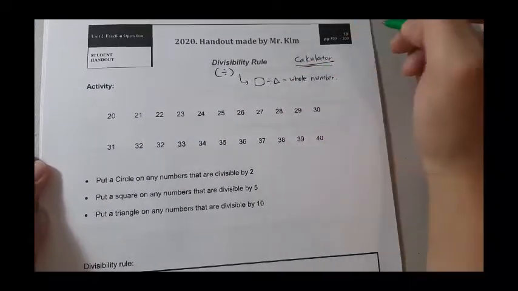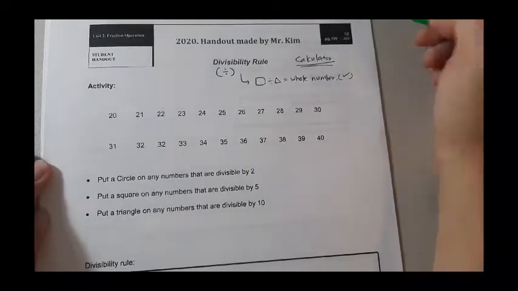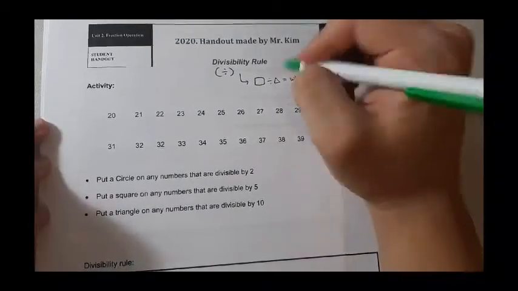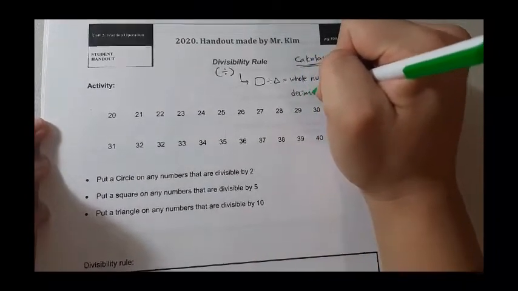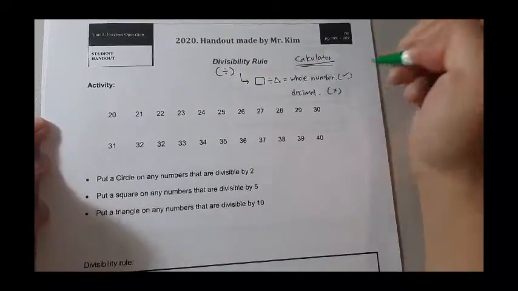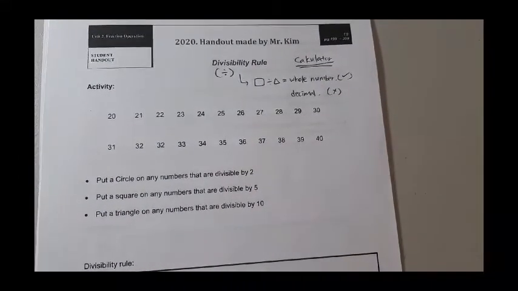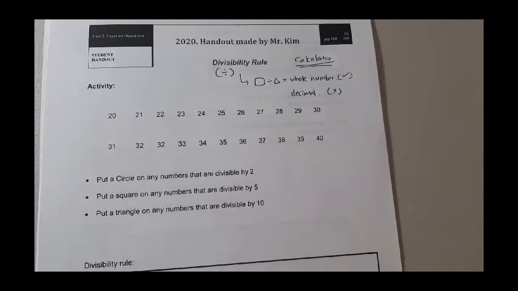If you have a whole number as an answer, that means you're on the right track. If I have a decimal on your calculator screen, that means it's not divisible by the other number.